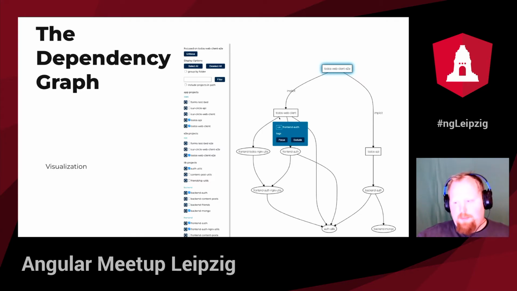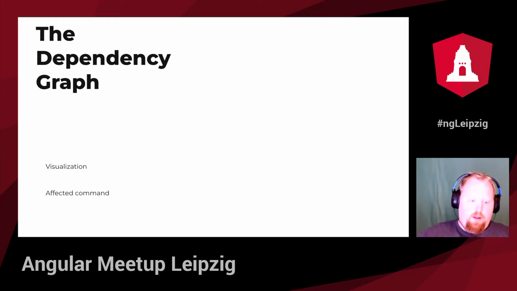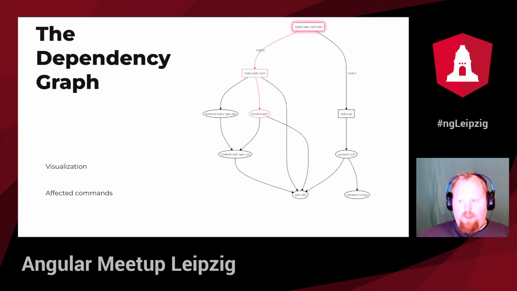By running this command, you have on-demand access to actual, accurate information on what your workspace looks like in terms of all of your local dependencies and how that web looks, which is great just for being able to visualize. But there's an additional benefit to the dependency graph, which is being able to run affected commands. So in this example, it's the same web as we were looking at before, but I've made a change inside of this front end auth module.